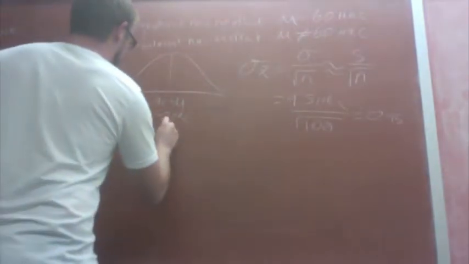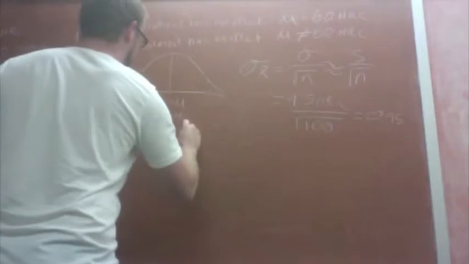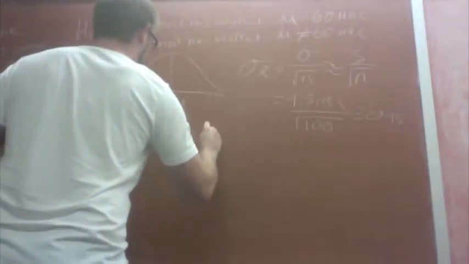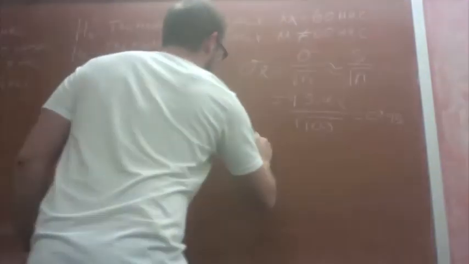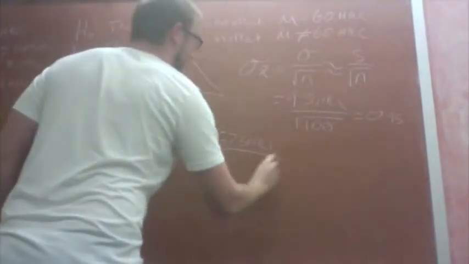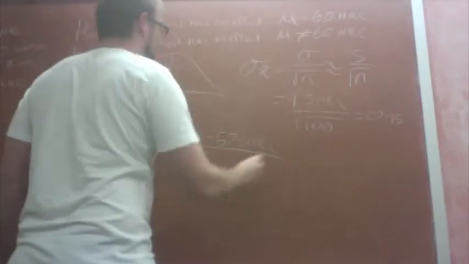So we're going to take our sample mean that we found out, which is equal to the 60 HRC. We're going to minus it from our mu naught, which is at our 57.3 HRC, giving us the difference between them, and then we're dividing it by our deviation that we found.